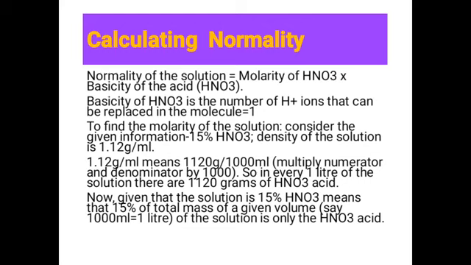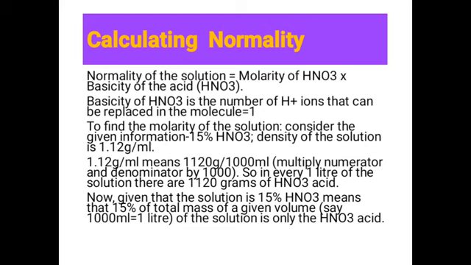You have 15% HNO3, and the density of the solution is 1.12 gram per mL. Usually, each of the acids, especially the strong acids, has a specific gravity or density, and the specific gravity of HNO3 is 1.12. That means we have 1.12 gram per 1 mL. That is the interpretation of this density.